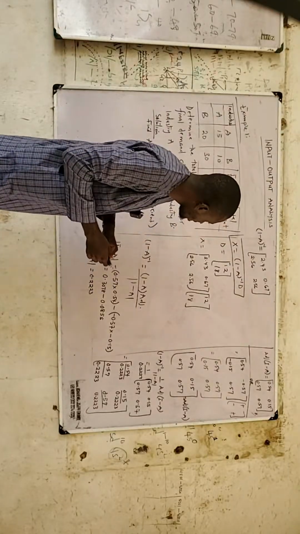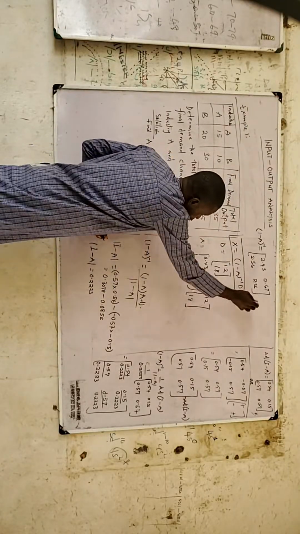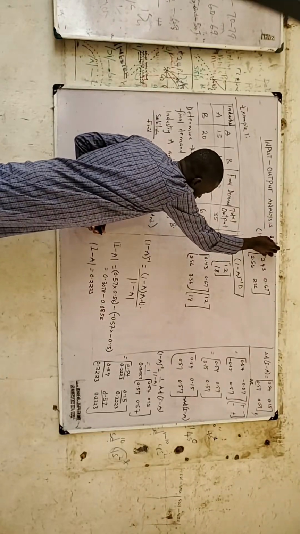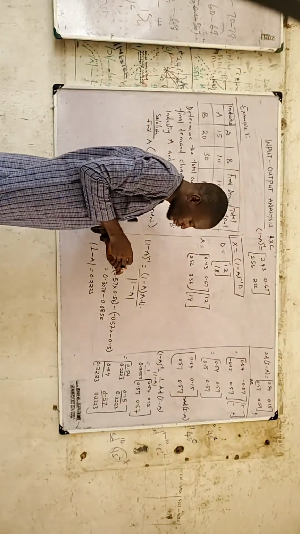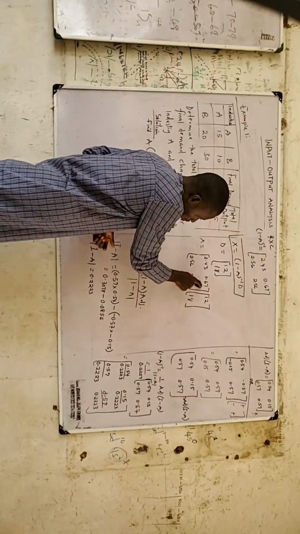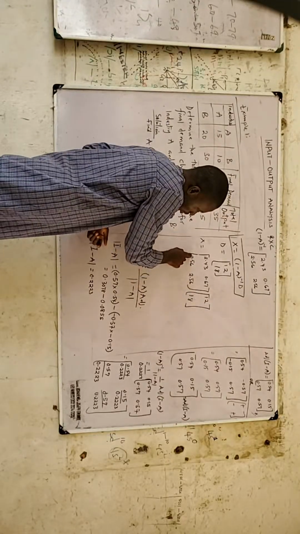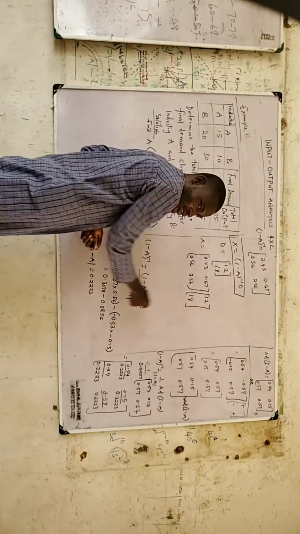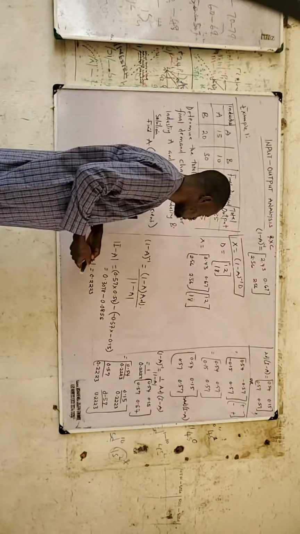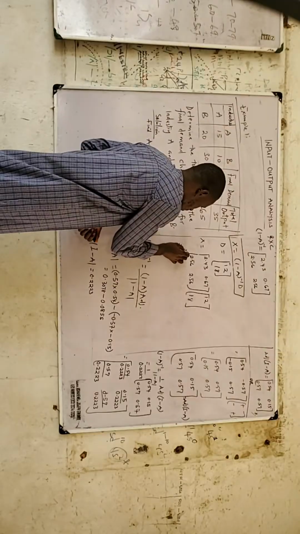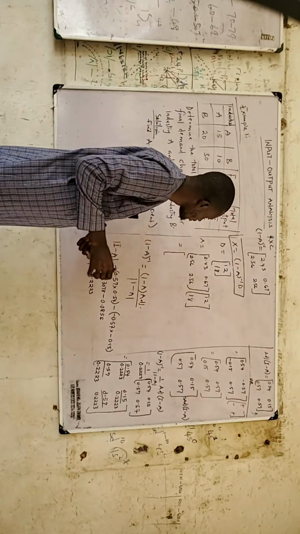So now the multiplication is row times column. This row times this column, and that becomes one matrix.